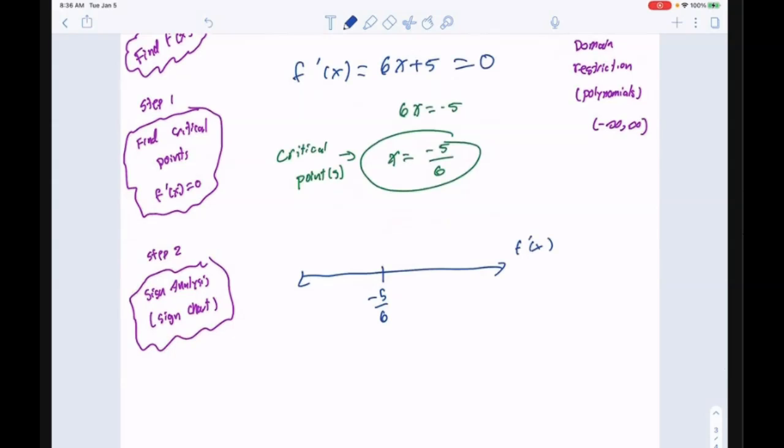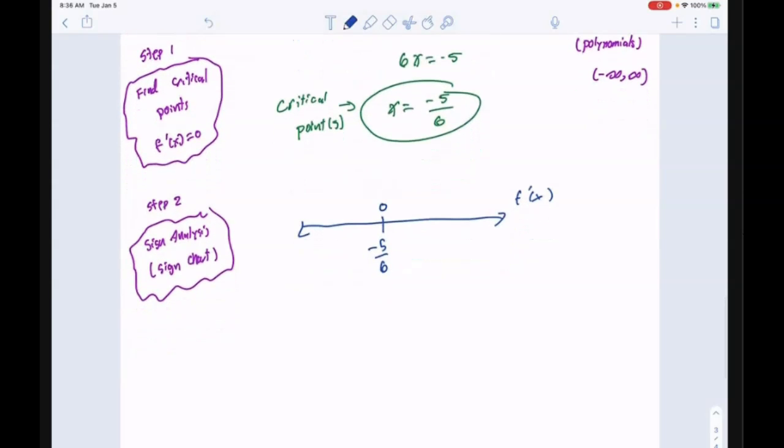Remember, negative infinity is furthest to the left and positive infinity is furthest to the right. Now, some people like to place where 0 is on the interval. You don't really need to place 0. If you feel comfortable doing that, just recognize that it's not a critical point, and f prime of x is 0 right here. I like to put that at 0.